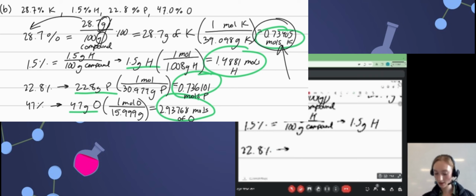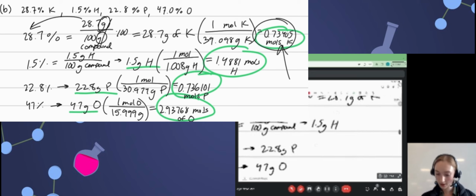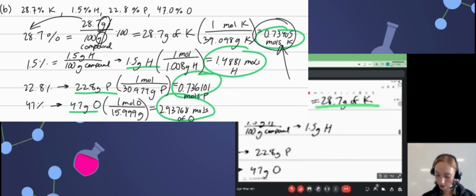It's the same thing. It's 22.8 grams of phosphorus, and we have 47% of the oxygen, so we'll have 47 grams of oxygen. So these are the values that we're working with.